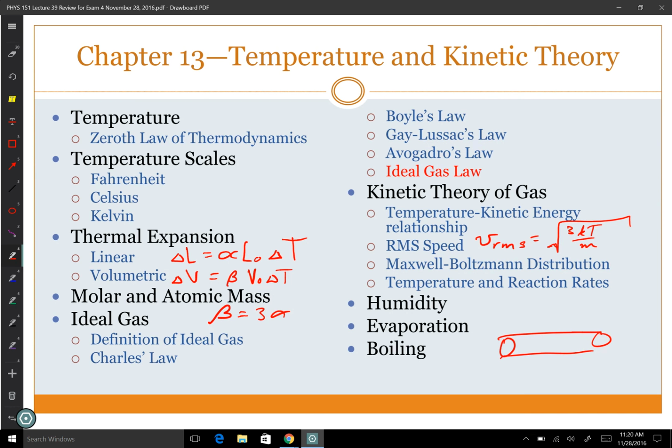It's supposed to be a half meter tall, but it didn't say so in the problem. So because you had that water half meter tall, you had pressure 1, pressure 2. Pressure 2 would be atmospheric pressure. Pressure 1 would be atmospheric pressure plus rho g h. And then, of course, you had the length and the radius.